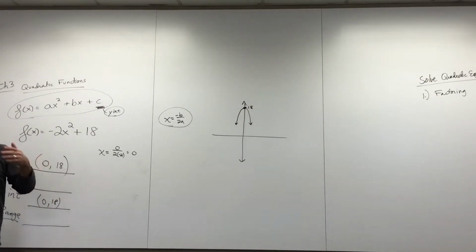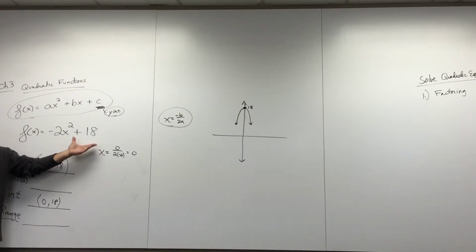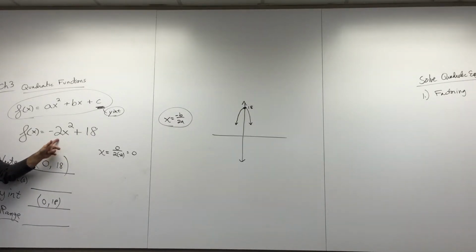And listen, you already kind of know that. Let me show you why. Thinking about shifts, back last week, you would probably say this is shifted up 18. It's upside down, a little bit skinny, but it's not shifted left or right at all.